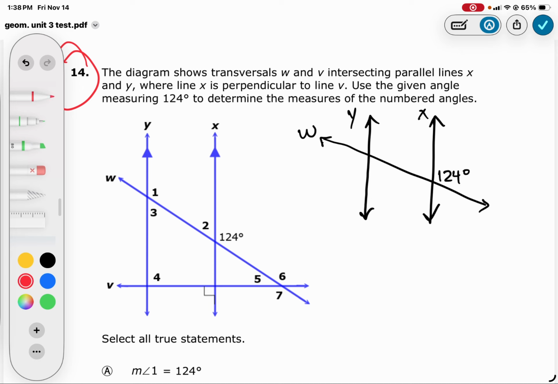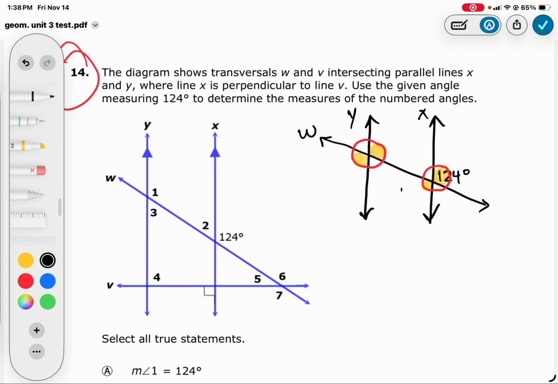They told us right here that this was 124 degrees. So the first thing I can do is use my circles and highlighting. I'd highlight this, that, this, and that. What that tells me is that all the ones that are yellow are 124.